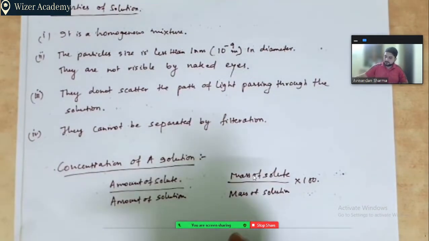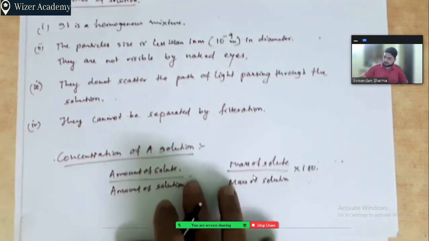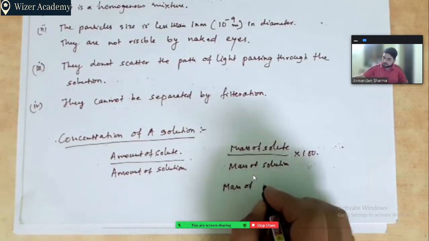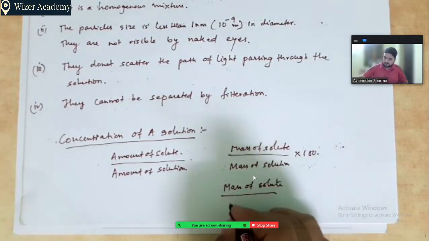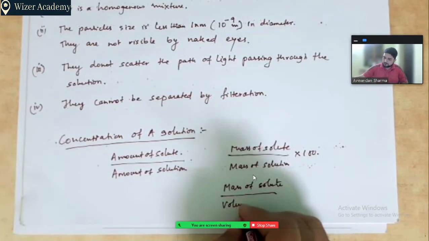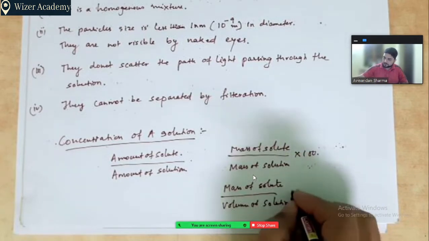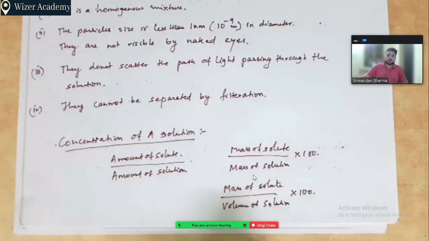Okay. Otherwise, mass by volume also we can do. Mass of solute by volume of solution into 100. In this way we can find out the concentration of a solution.